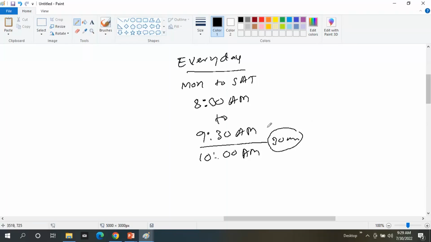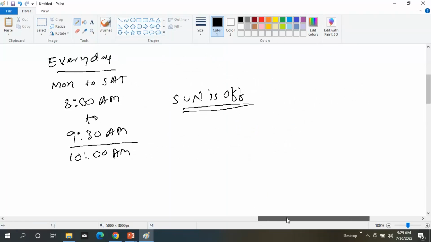If we need, we can extend: sometimes 8 to 9, 8 to 9:15, 8 to 9:30, 8 to 10. It depends on the topic and day. And every Sunday is off. Every session is recorded.